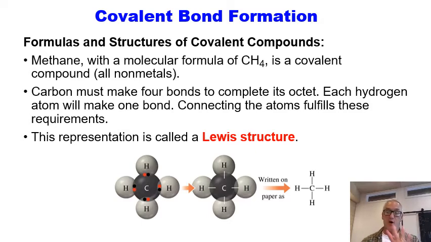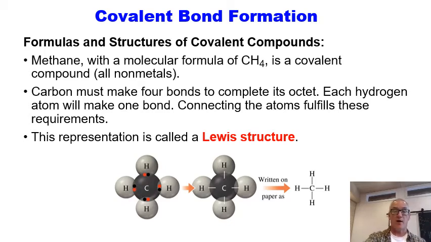It has 4 unpaired electrons. Hydrogen has 1 unpaired electron. So each hydrogen shares its single unpaired electron with an unpaired electron in carbon. So now it forms those 4 single bonds.